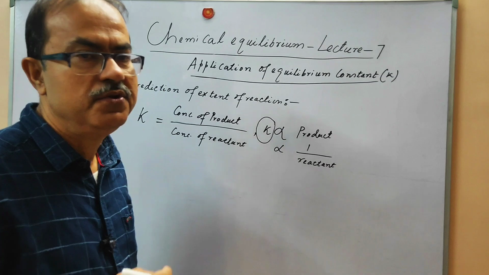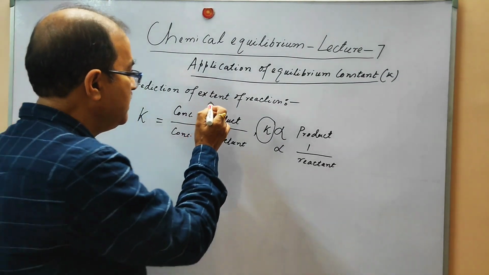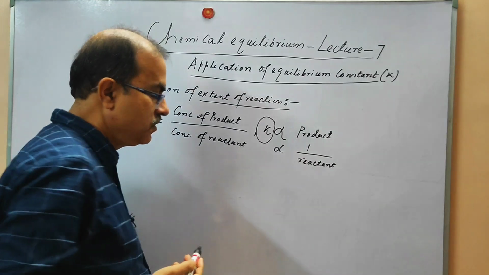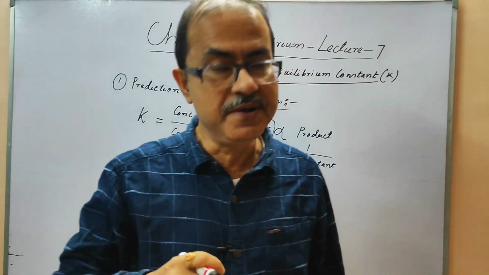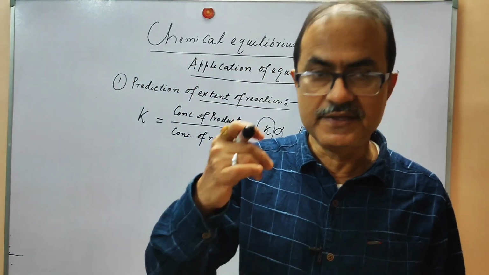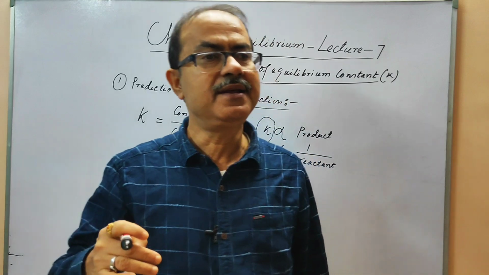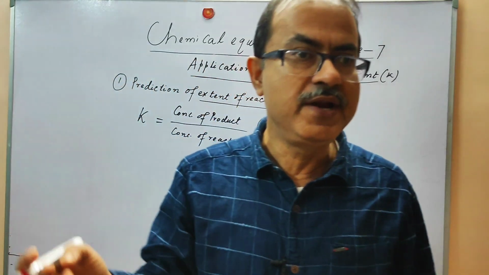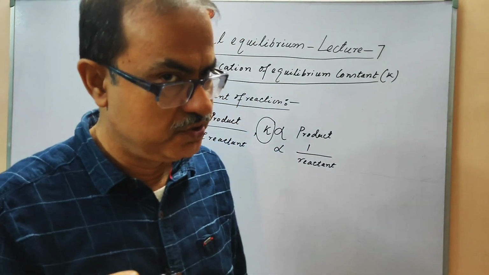So from this numerical value we can say something about the extent of the reaction. When the K value is high, the reaction is on the verge of completion. When it is low, the reactant is dominant over the product, and the reaction has not proceeded much.